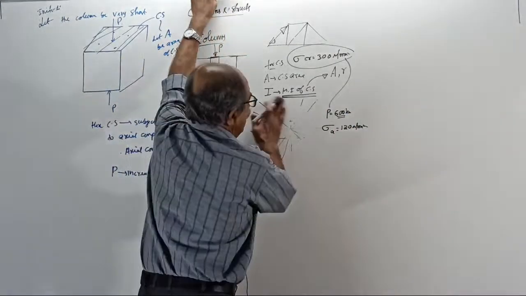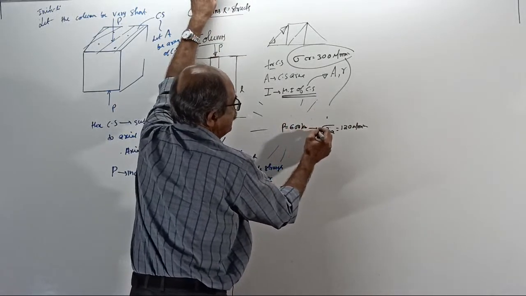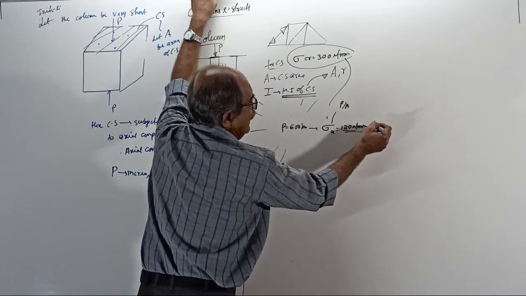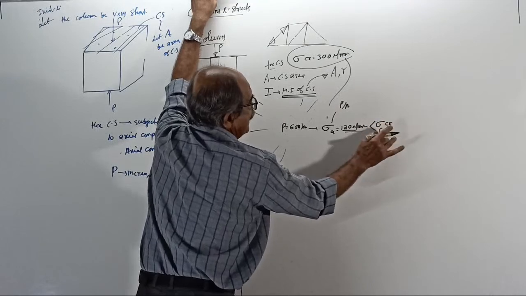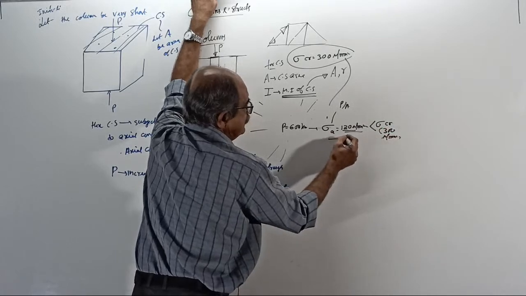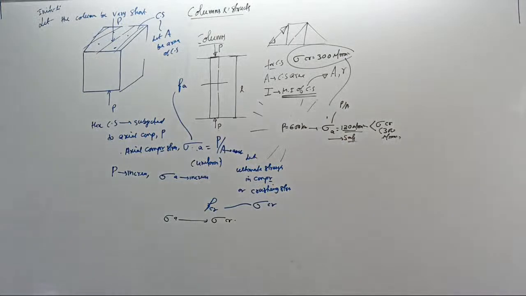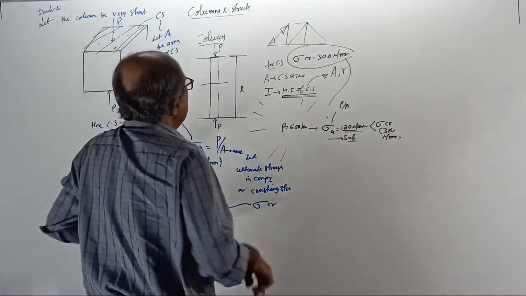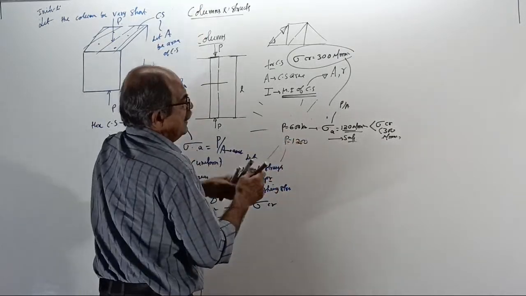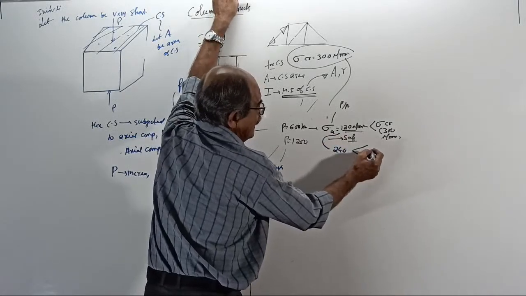If a load of P equal to 600 kilonewton is applied, the stress developed, P by A, equals 120, less than the crushing strength of 300. So, safe or unsafe? Will it fail or be safe? It is safe. Now, increase the load. Increase P to 1200, then 120 will become 240. Still less than 300. Safe.